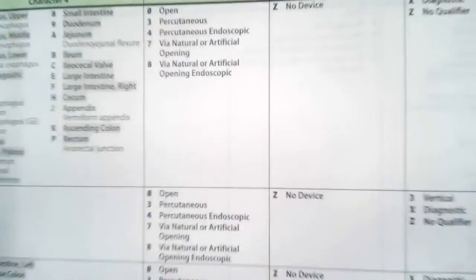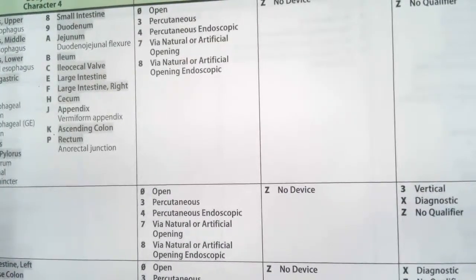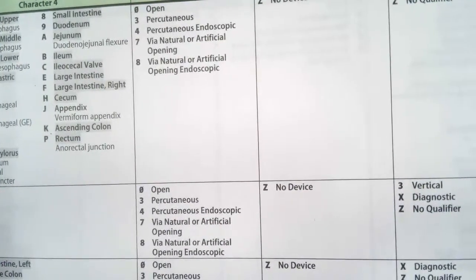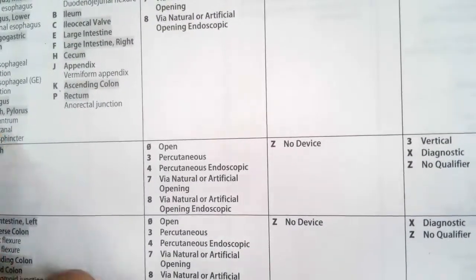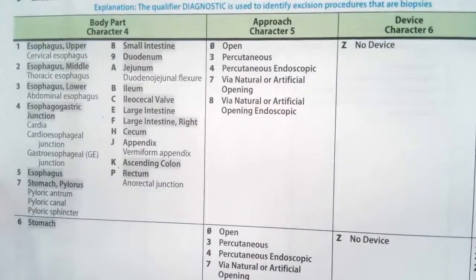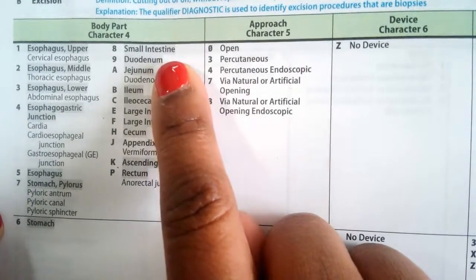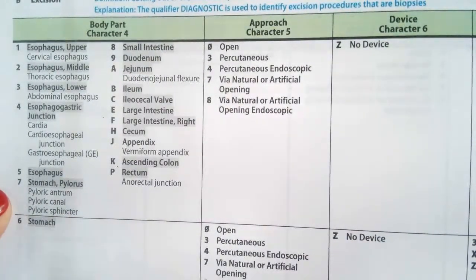I'm still in table 0DB for my other body part, which is the stomach. Now, a couple of things I want you to notice. In the first row where I found duodenum, I see something that says stomach pylorus. Well, guys, my patient's procedure was not on the pylorus of the stomach.